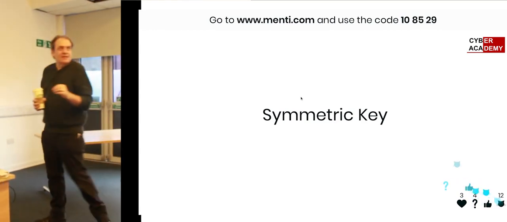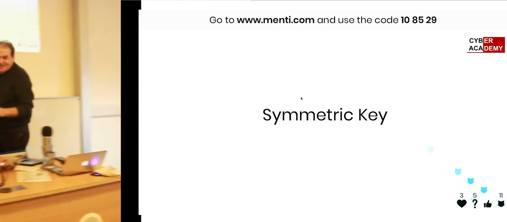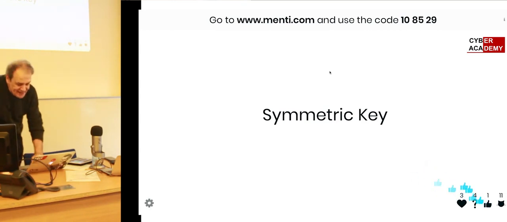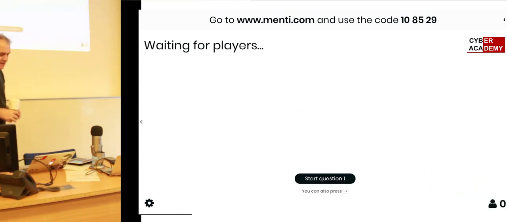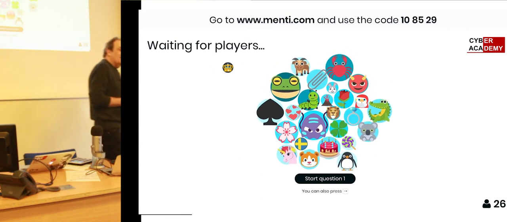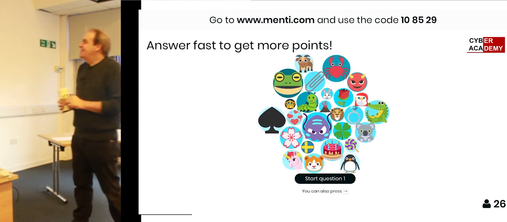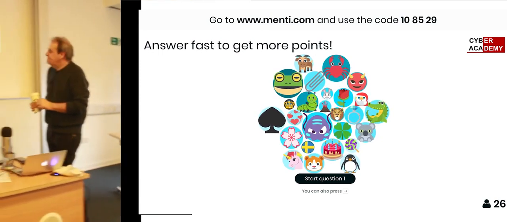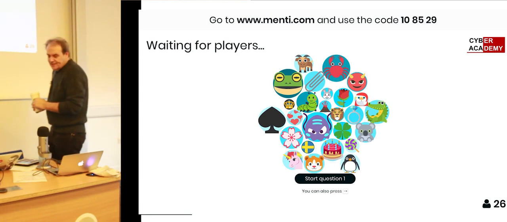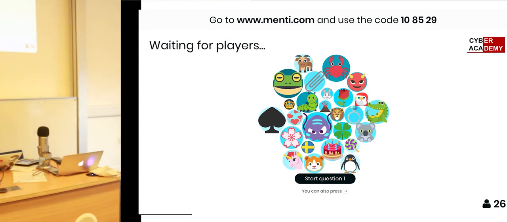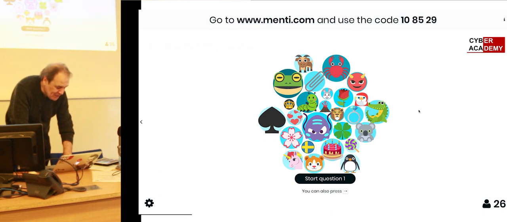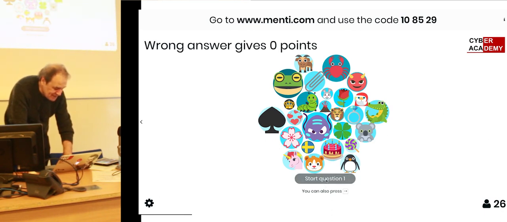Okay, mostly connected. Good, so it's 10, 85, 29. Okay, so get yourself a name with 20 words in there. So we've got 26. Good. Okay, so you get more points for speed, but you don't get any points if you get it wrong. Are you ready? Okay, here we go.